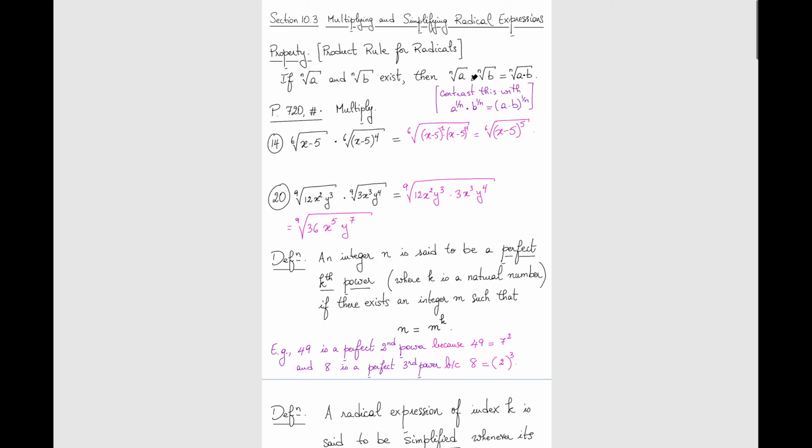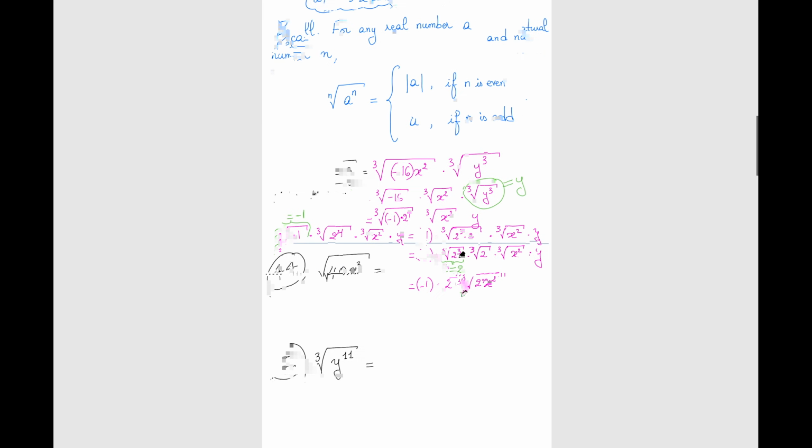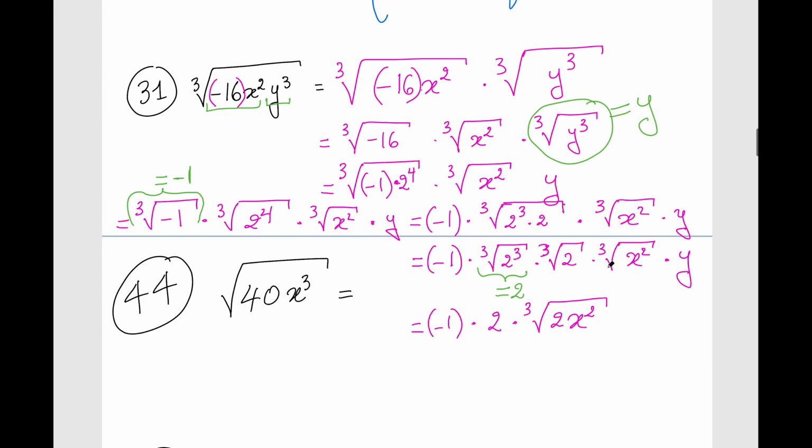I have the third root of 2 times the third root of x squared, so this becomes the cube root of 2 times x squared, exactly as we wrote it here. So you can bundle these two up this way, times y, right? And this is the same as negative 1 times 2, which is negative 2, times the y that exists at the end, times that third root of 2x squared.